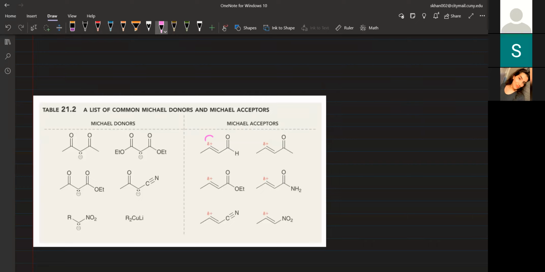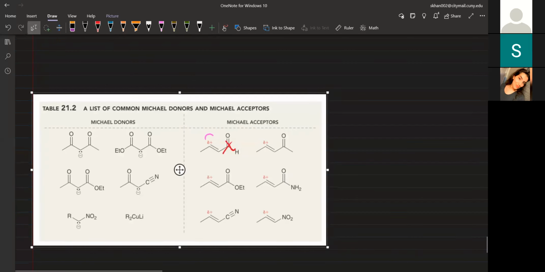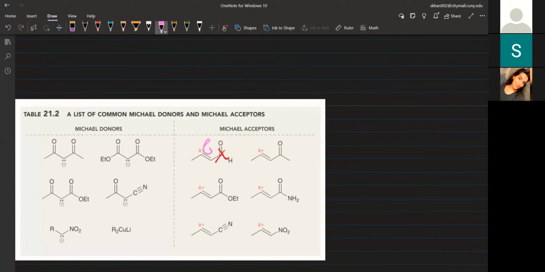Because technically, you have two electrophilic positions on all of these acceptors, right? But these specific nucleophiles are selective. They only attack at the pi bond here, the end of your alkene where your unsaturation is.